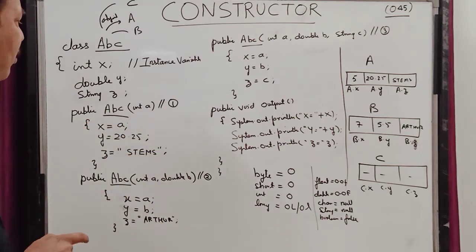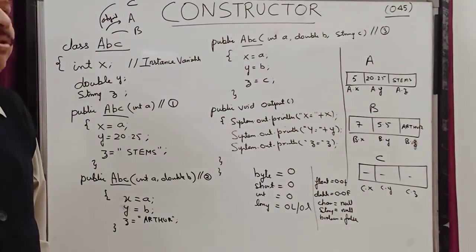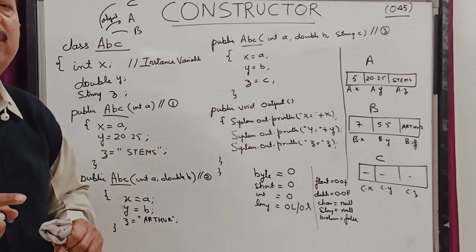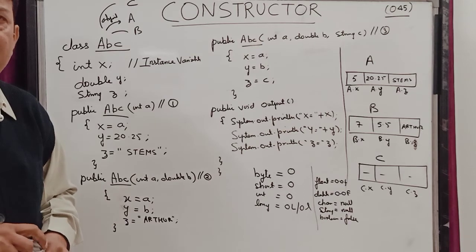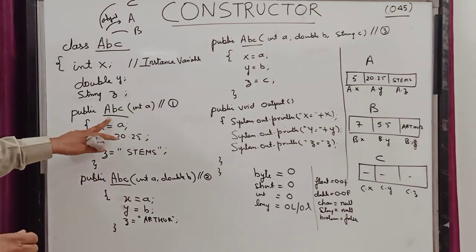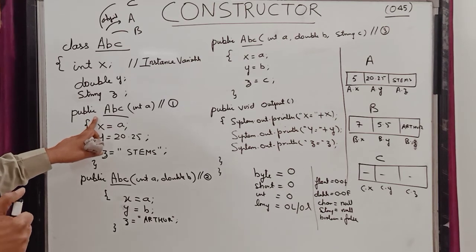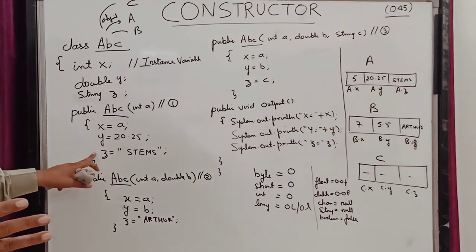Now children, we'll come back to the constructor. I hope it's clear. I told you that a constructor is a member of a class, and a constructor is used to initialize objects of the class with legal initial values, and a constructor has the same name as its class. A constructor does not have any return type. A constructor is only used to initialize the objects of the class and it does not contain any other statement.